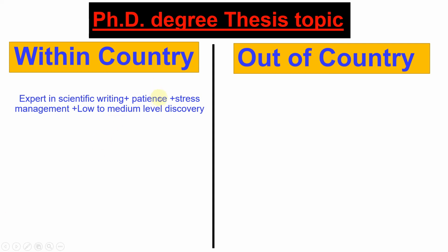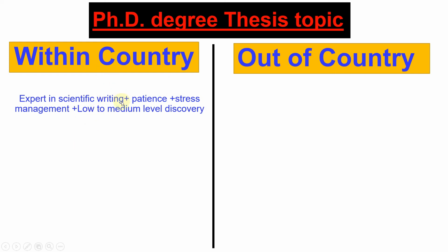It is also important to mention that patience is important, because I think the biggest achievement in your PhD degree is stress management. If you are unable to manage your stress, I am afraid it can be deleterious to your health. So I would recommend you to just stay happy, whatever you have, just carry on with that.